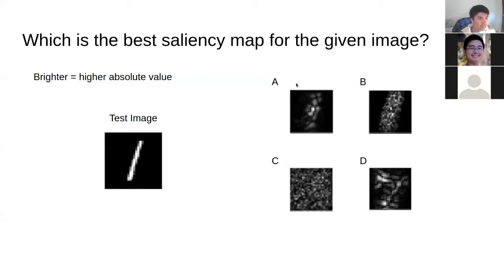And so that leaves option A and B, which are the ones that look the most similar to the input image. So that's probably closer to what we want to see. And now the question is, assuming that it's either A or B, how can we tell which one is the right one?